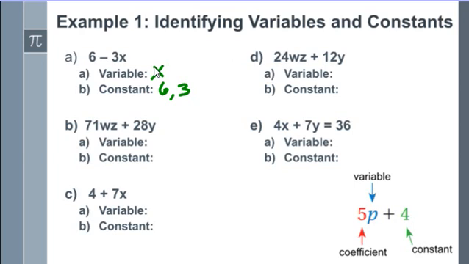Let's look at letter B. 71wz plus 28y. The variables, my letters for unknown numbers. I have w, I have z, and I have y. My constants, so every single number. Anytime they're asking for constant, it's every single number. So that's 71, and that's 28.